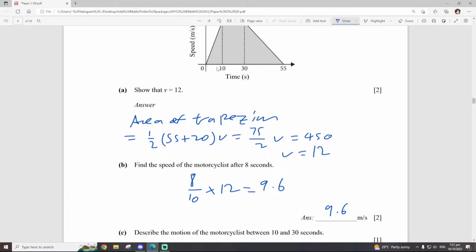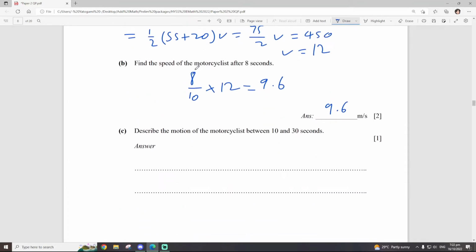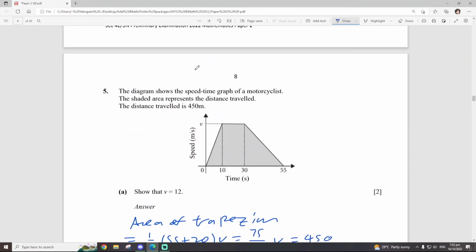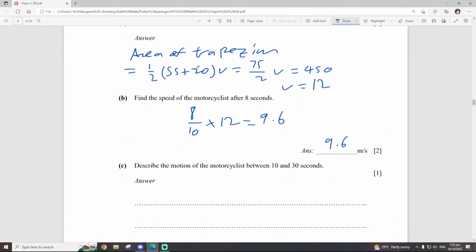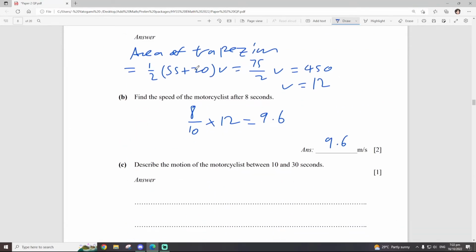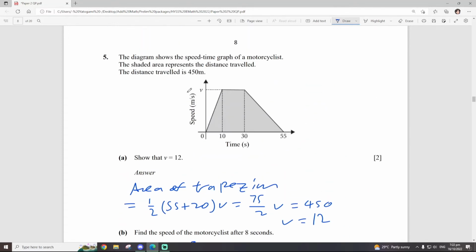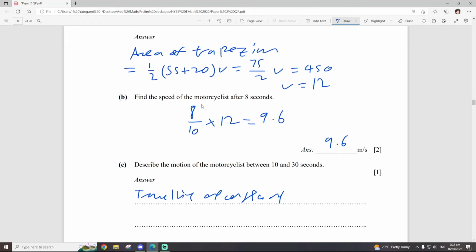So 9.6. Describe the motion of the motorcyclist between 10 and 30. Okay, so the motorcyclist is traveling at constant speed.